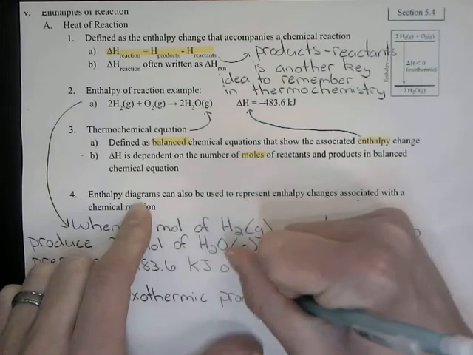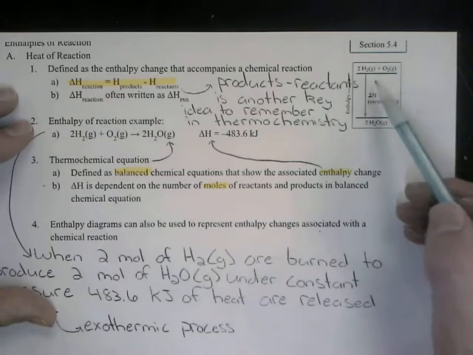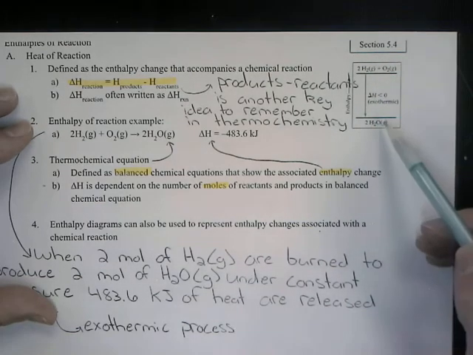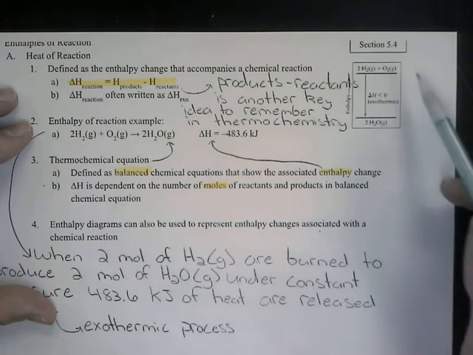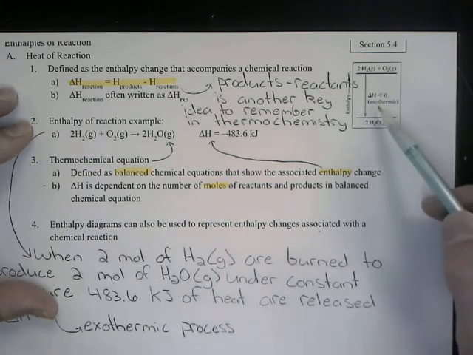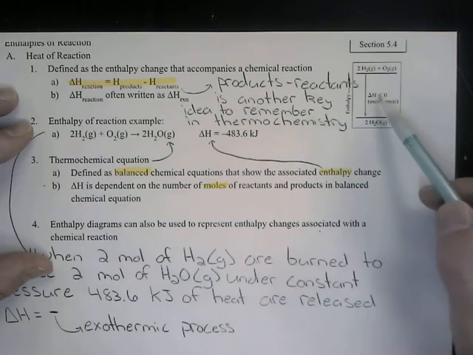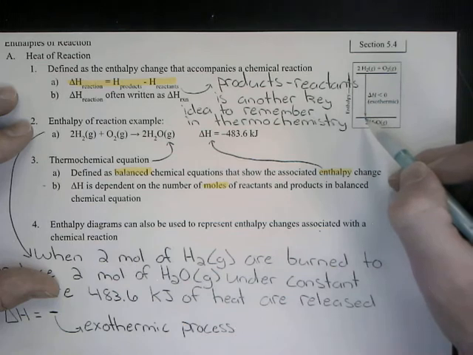Now, we can also talk about our enthalpy diagrams, which I know are kind of small here. With our enthalpy diagrams, we're going to have a couple of different things. Obviously, you can see the reactants and products that are involved in this particular equation. And we have another thing that we can talk about. It says delta H is less than 0, and the arrow is pointing down.